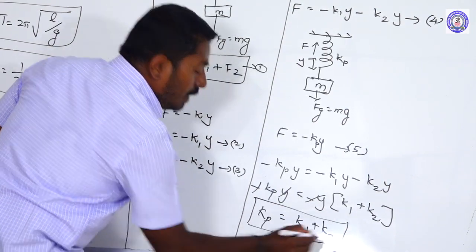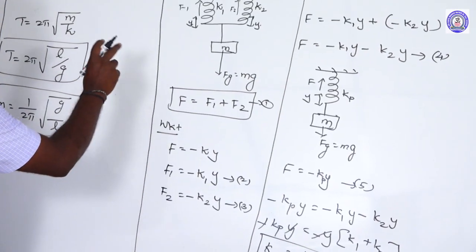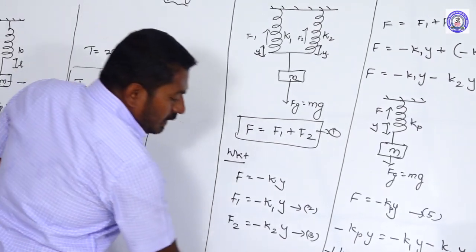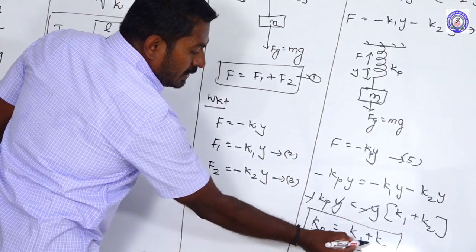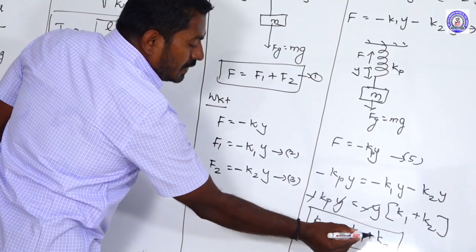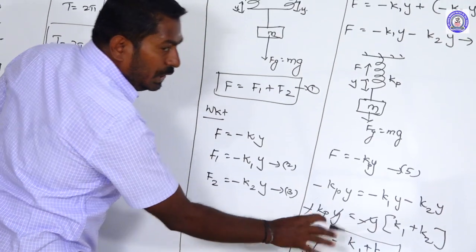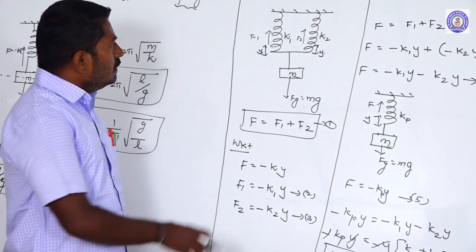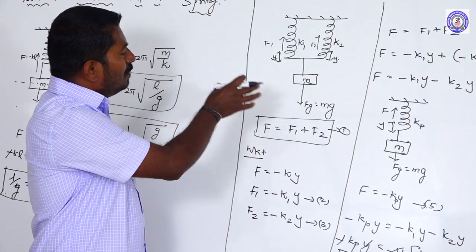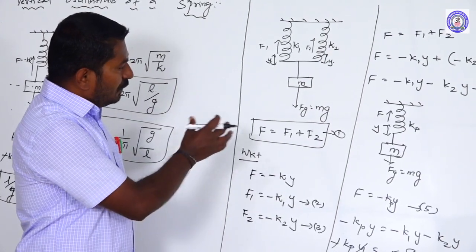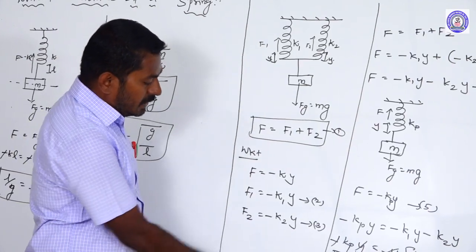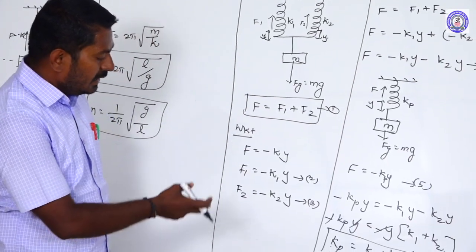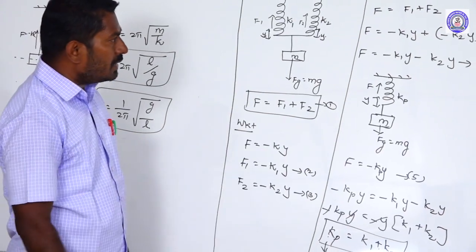This is an important expression. If springs are connected in parallel, the effective spring constant is equal to the sum of the spring constants of the individual springs. When these two springs are connected in parallel, the mass of the block executes simple harmonic motion with effective spring constant Kp equal to K1 plus K2.